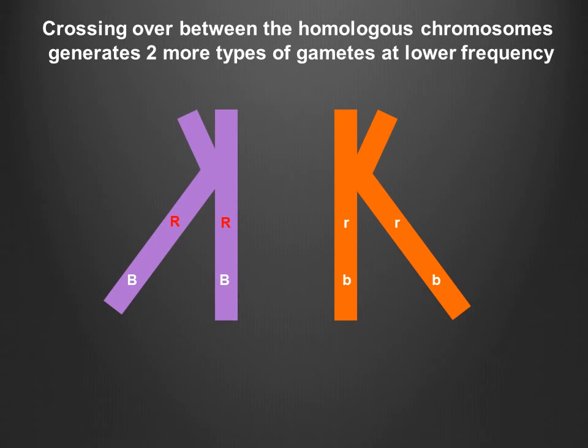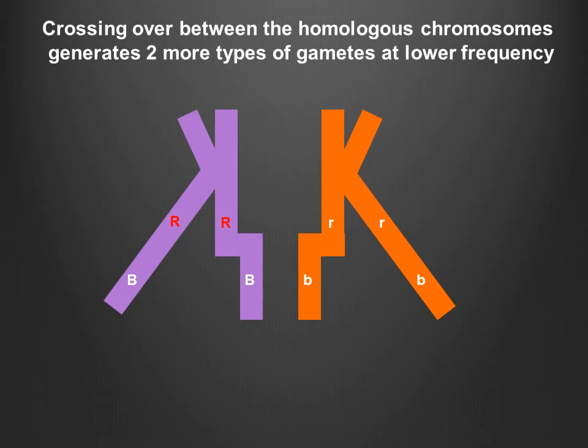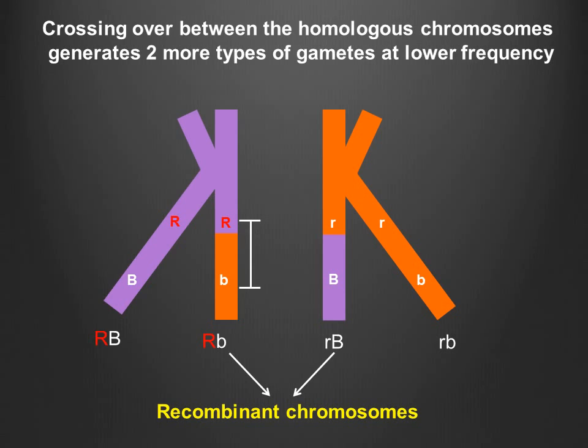However, during meiosis, a process called crossing over or recombination, which occurs at relatively low frequencies, allows for the generation of recombinant offspring.